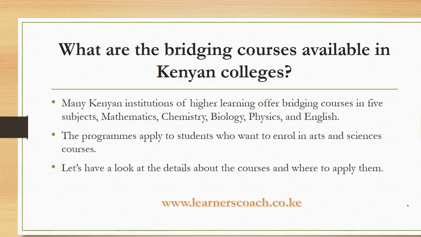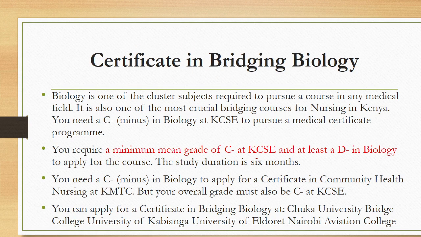We also need to take a look at the individual certificate courses that you are going to get when you are bridging, like bridging in chemistry, biology. So let's have a look at these particular bridging courses. Biology, I've had this quite a number of times: can I do nursing?